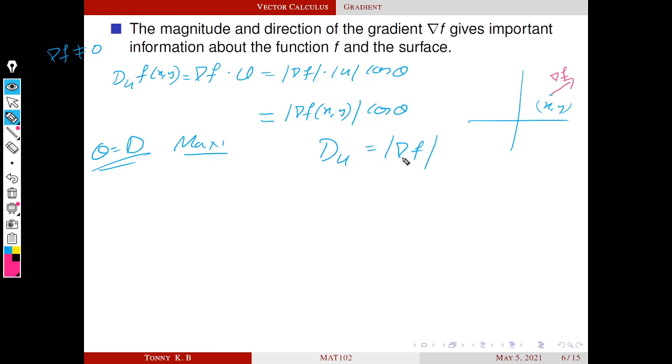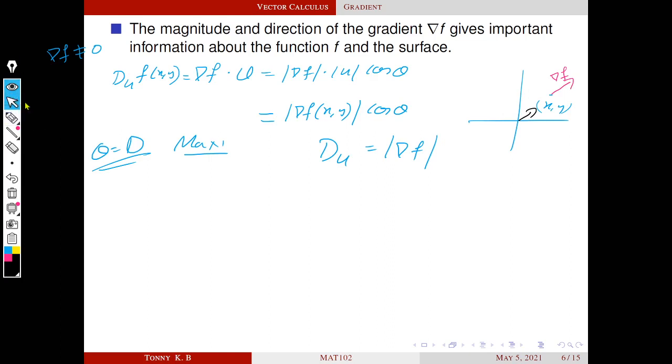That corresponds to theta equal to 0, meaning the angle between u and del f is 0, so u and del f are in the same direction. So the maximum rate of change is given when u is in the direction of del f.